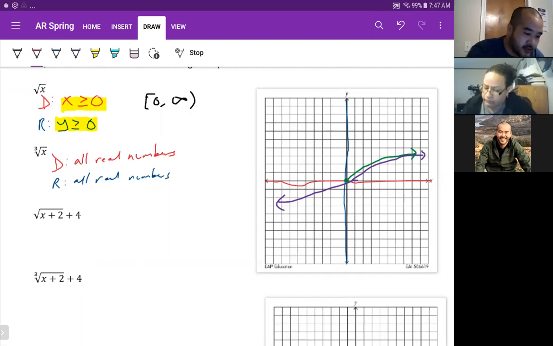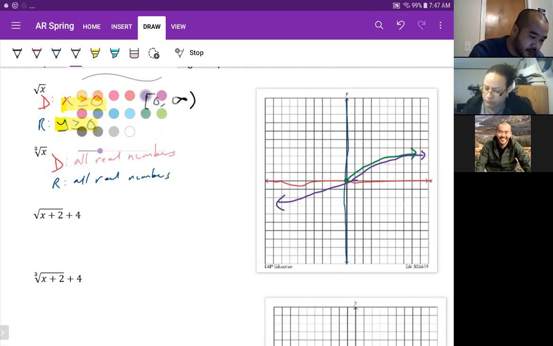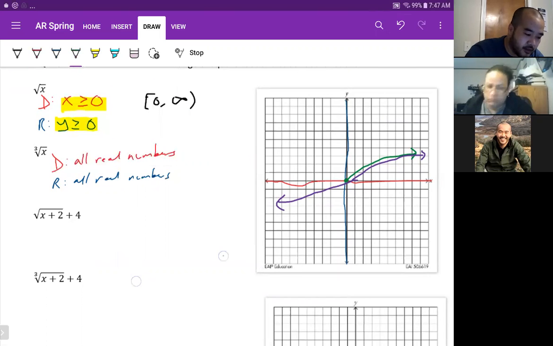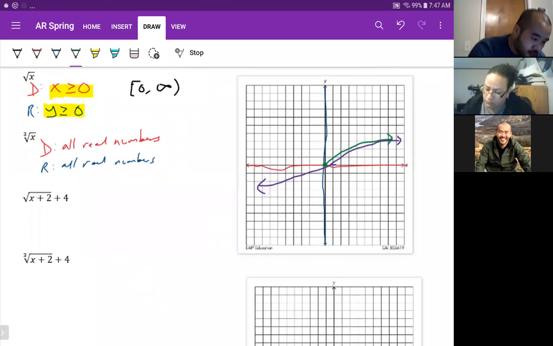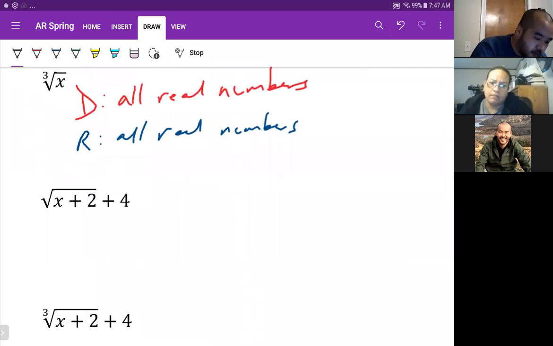So you have this one. It's similar to the green one on top. So I'm going to have this green one. Oh, important thing to note here. When you're inside here, this will shift it to the left.